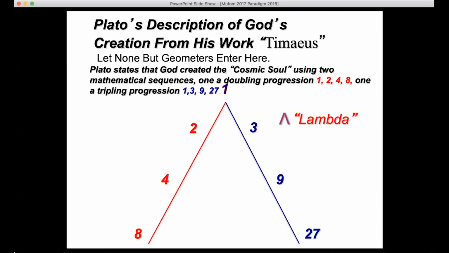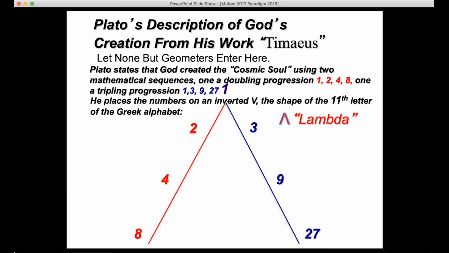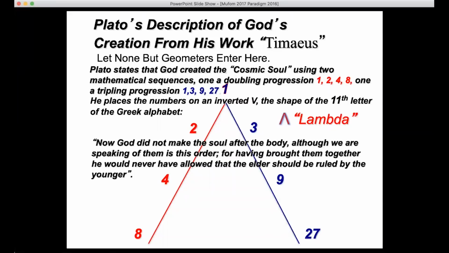One, a doubling progression, 1, 2, 4, 8, and one, a tripling progression, 1, 3, 9, 27. And he placed these numbers on an inverted V in the shape of the 11th letter of the Greek alphabet, which is lambda.